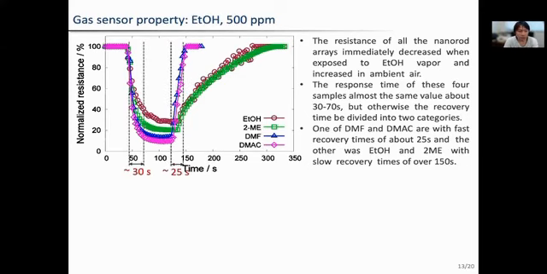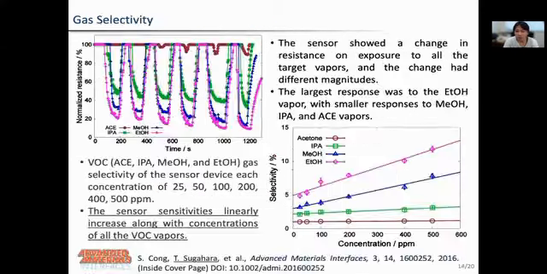And to demonstrate response to various gases, methanol, ethanol, isopropanol, and acetone were selected as target substances to evaluate the selectivity of the sensor at 550 degrees Celsius.